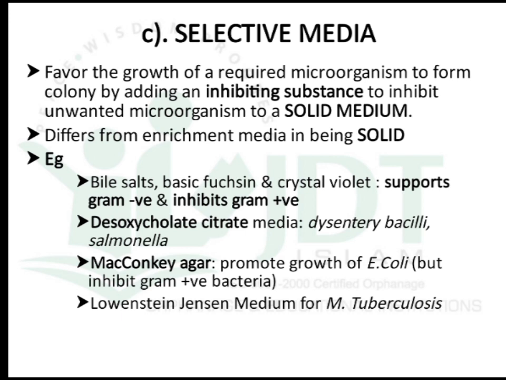Examples of selective media are bile salt, basic fuchsin, and crystal violet, which support gram negative and inhibit gram positive bacteria. Deoxycholate citrate supports the growth of dysentery bacilli and Salmonella. Then MacConkey agar promotes the growth of E. coli and inhibits the growth of gram positive bacteria, and Lowenstein-Jensen media is for Mycobacterium tuberculosis. So that is selective media.